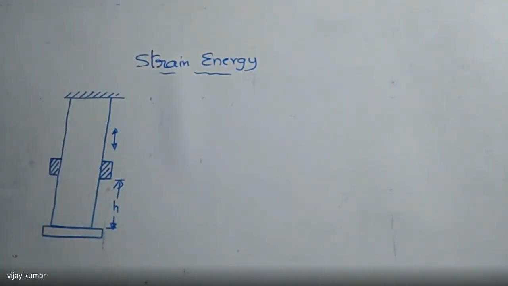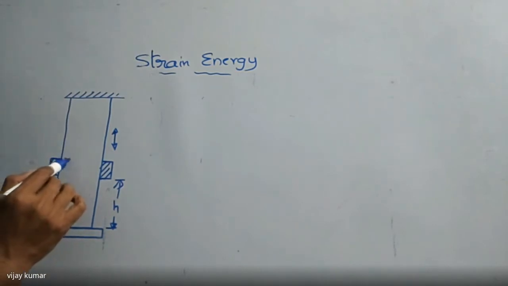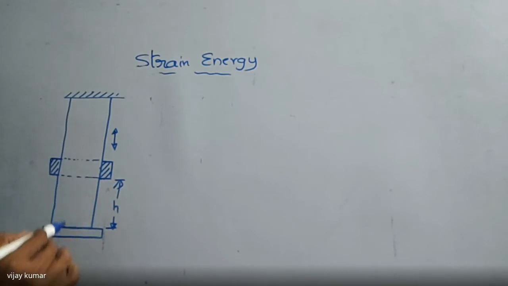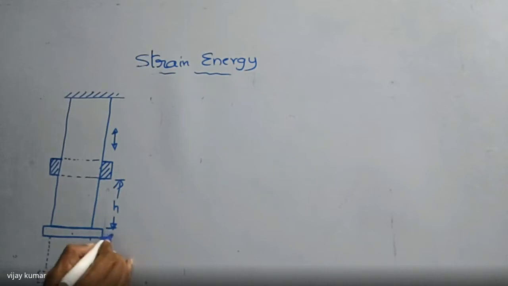If you release this weight, it slides down vertically and impacts the negligible weight, and at the same time the bar will deform like this. The deformation is nothing but delta L.